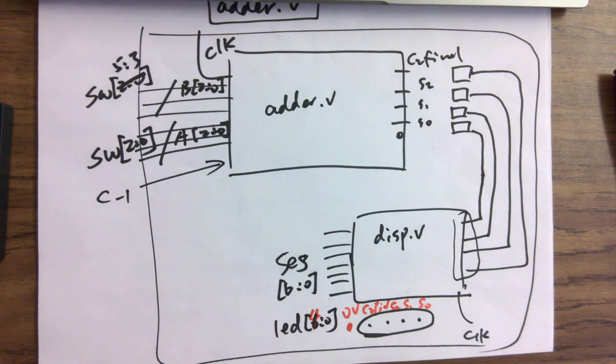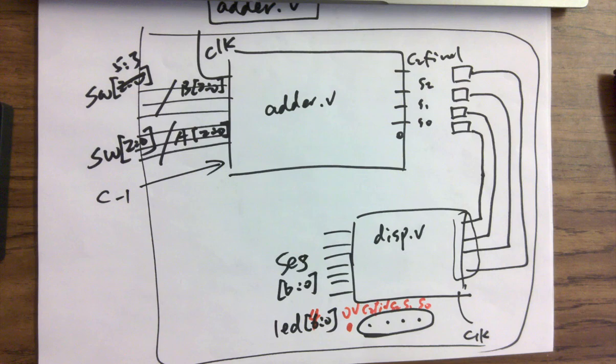So number five asks you to write an always positive edge clock block to swap AN0 and AN1 in AN[1:0], and also increment the counter by 1. Could you do that?